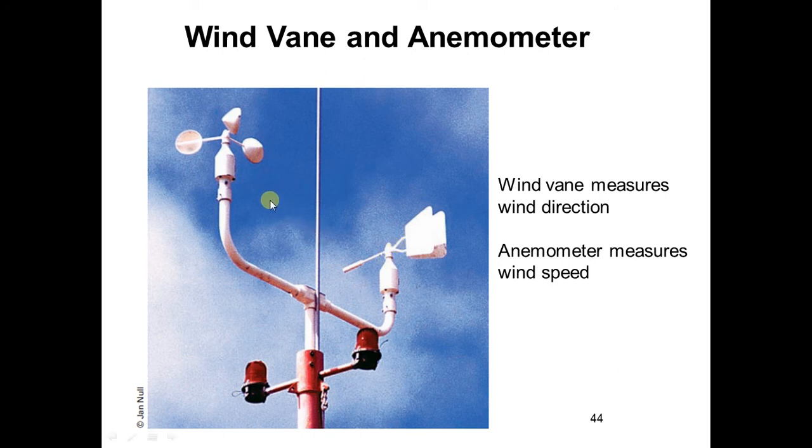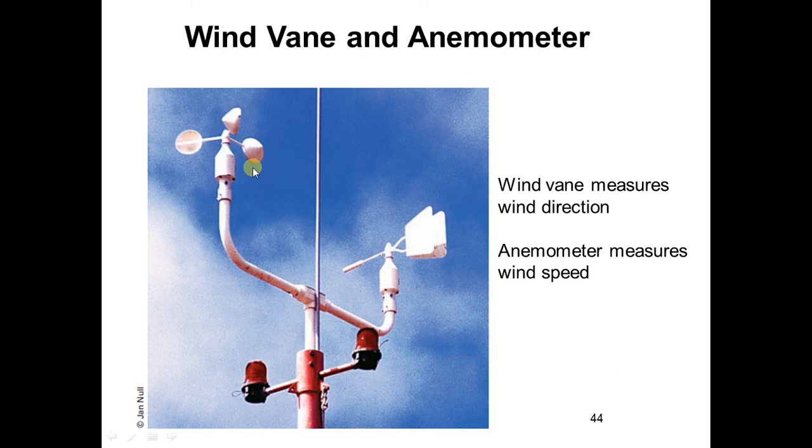Now, the instrument that measures wind speed is the anemometer. Most anemometers consist of 3, sometimes more, hemispherical cups mounted on a vertical shaft. The difference in wind pressure from one side of a cup to the other side causes the cup to spin about the shaft.